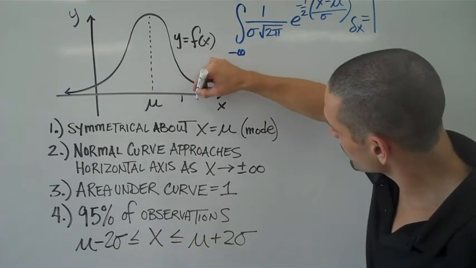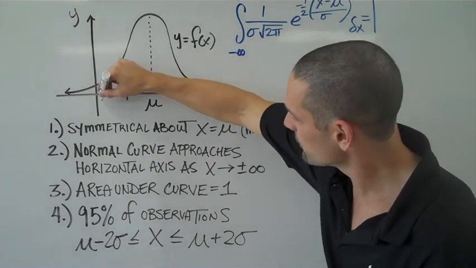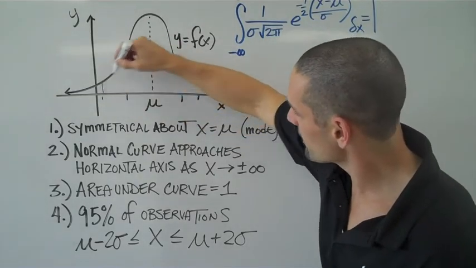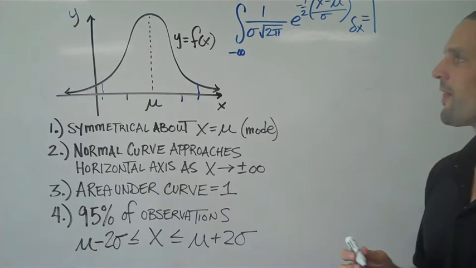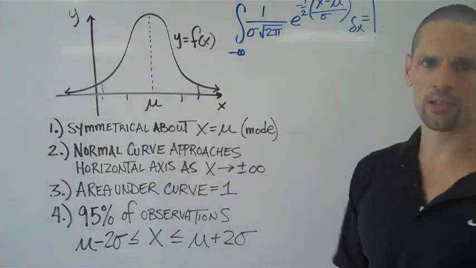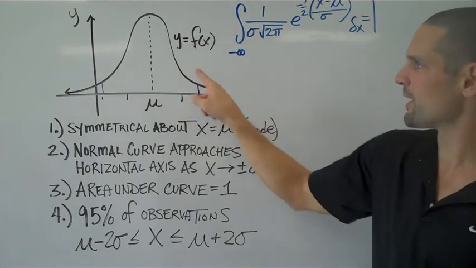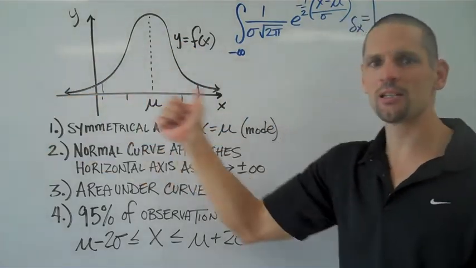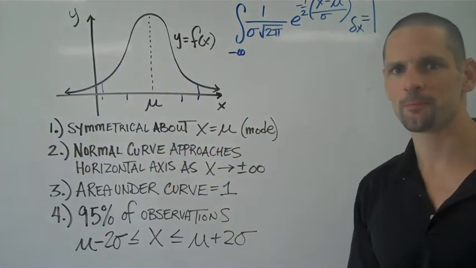So here is 1, 2 SDs and 1, 2 SDs. If I think about the area enclosed by those two vertical lines, 95% of my data is going to be between negative 2 SDs and positive 2 SDs.